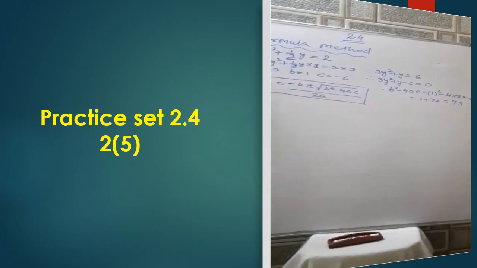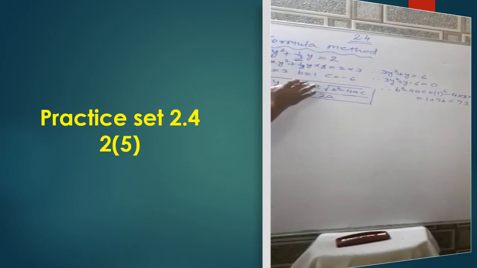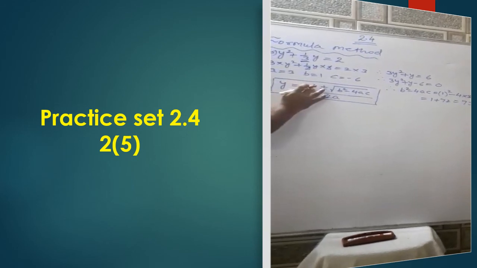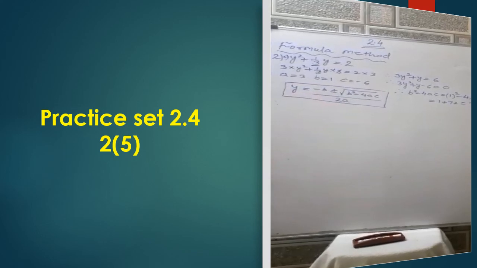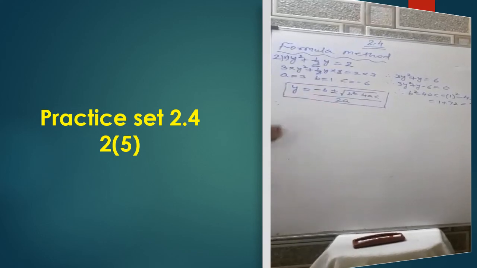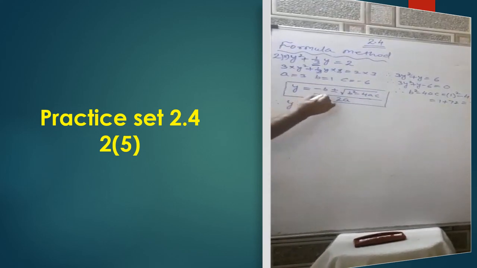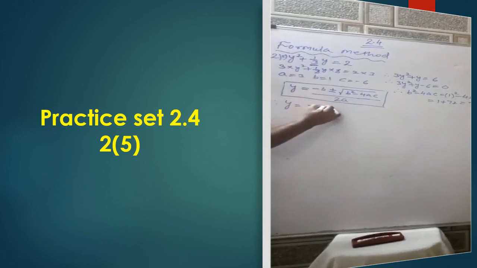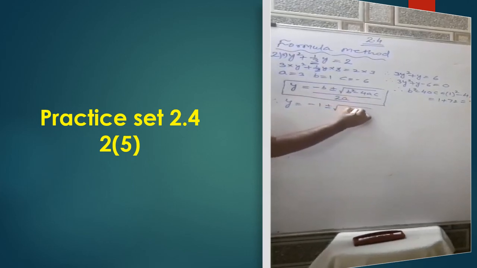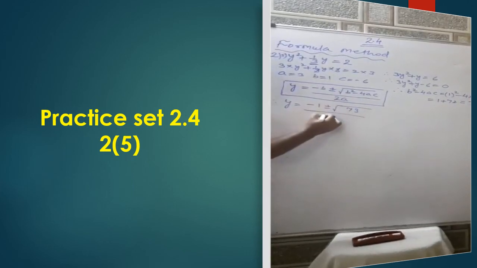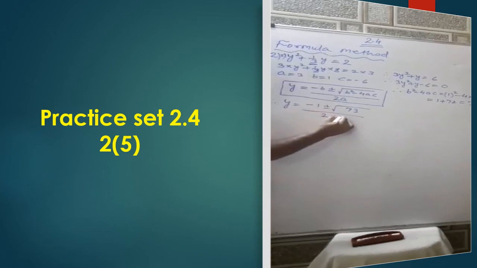Now substitute in formula, y equals to minus b plus minus square root of b square minus 4ac upon 2a. So y equals to minus, what is b, 1, plus minus, here we got the value, it is 73, upon 2 into a, it is 3.